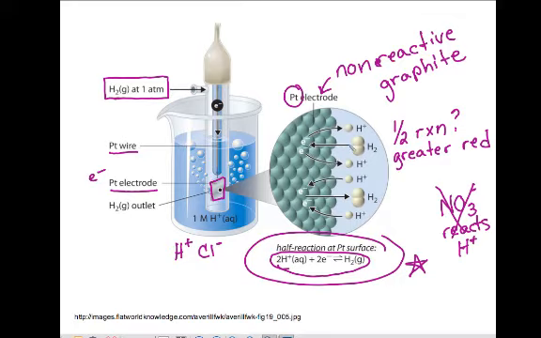So in this case, we would have hydrogen being oxidized, releasing electrons and releasing H+ into our system.